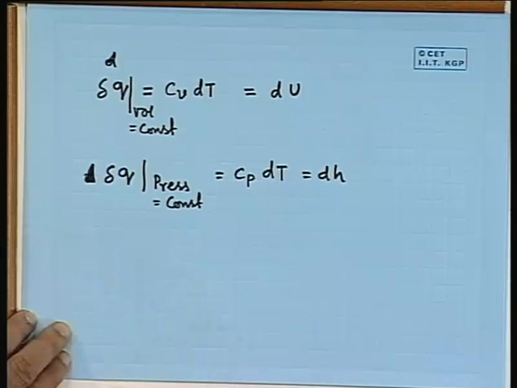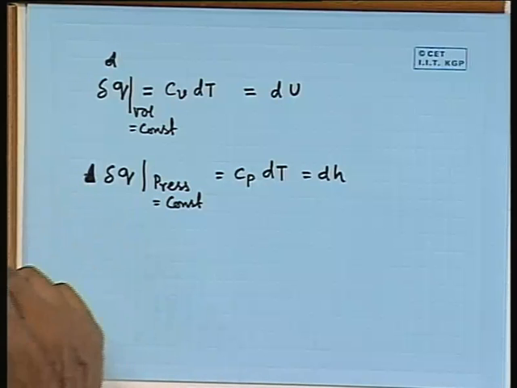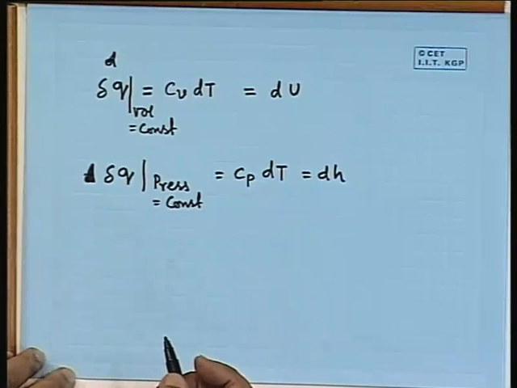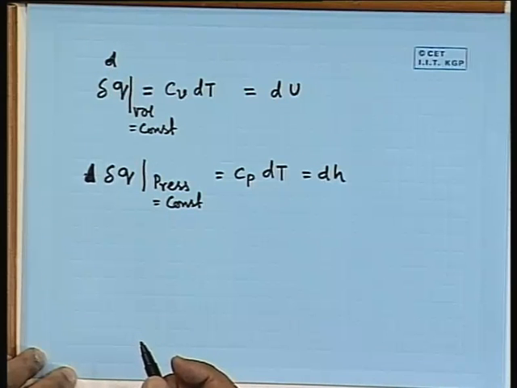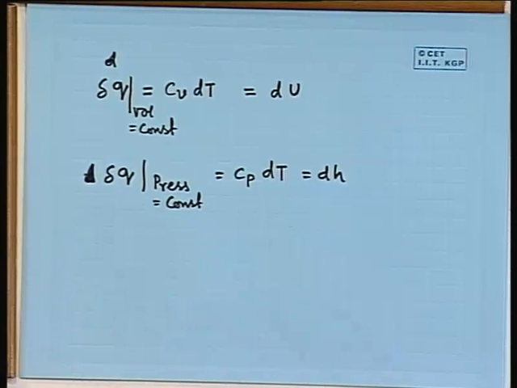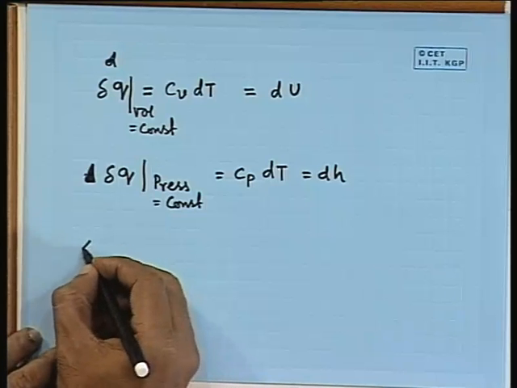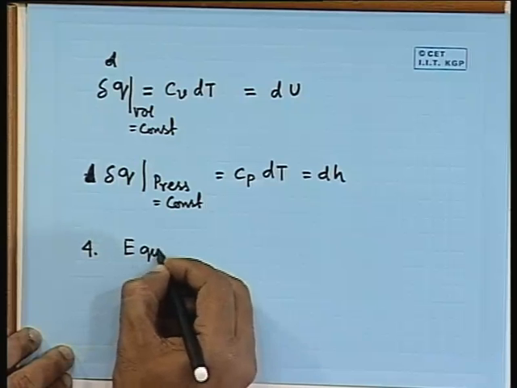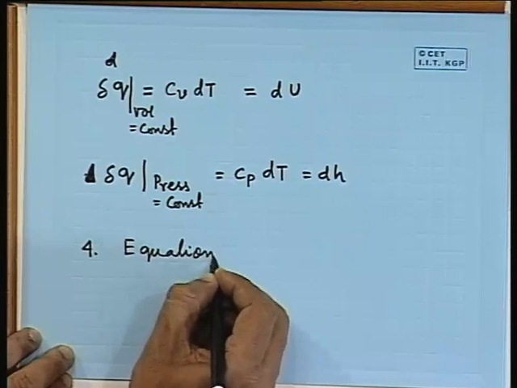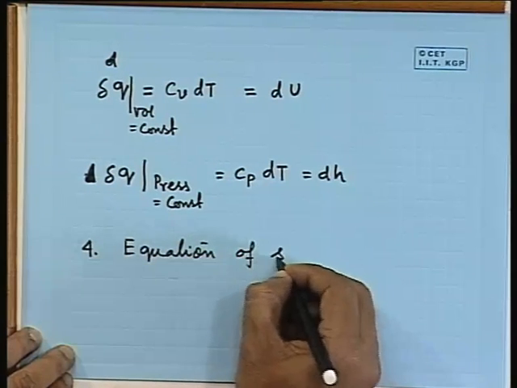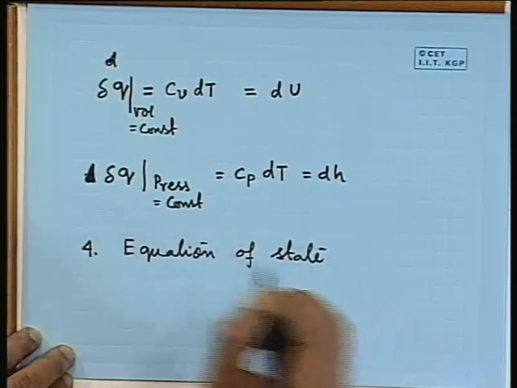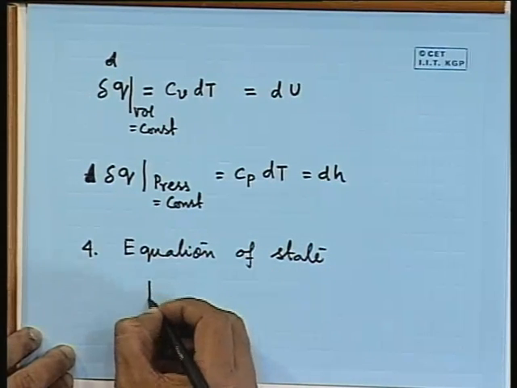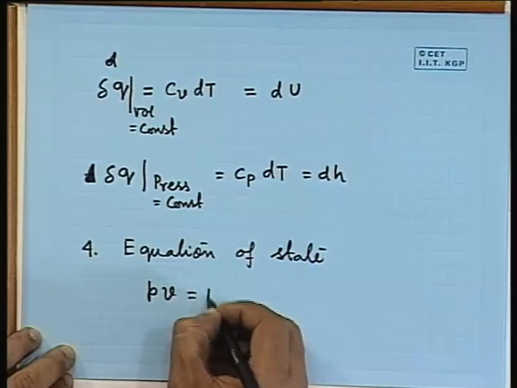Then dH also we can write. dH I have written, that is U plus PV. That we will see. Then fourth, what we will use, equation of state, what we have discussed just now, that is Pv is equal to RT.